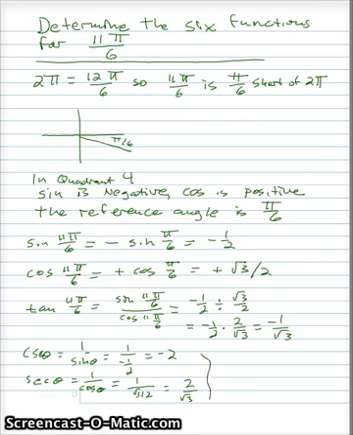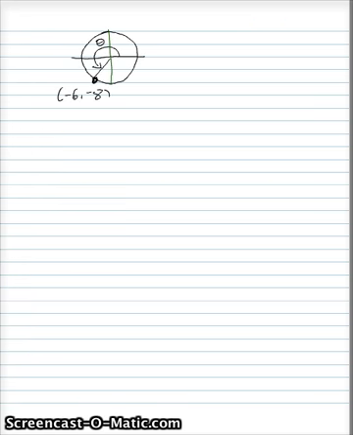And the cotangent of theta is the cosine divided by the sine, or 1 over the tangent. You could do it either way. If I'm doing cosine divided by sine, that's root 3 over 2 divided by negative 1/2, and that'll just be negative root 3. So we've got all 6 trig functions for that 11 pi over 6.